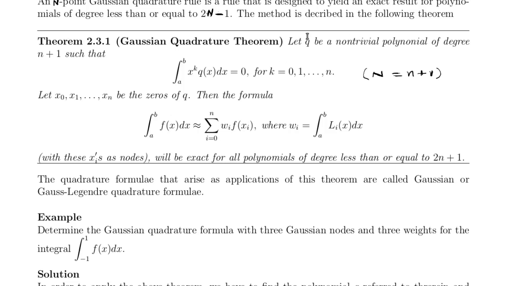Right? We can use a polynomial of degree n, and in that case we need n points instead of n plus 1, and the summation here will be from 1 to n. And if that is the case, then the degree of precision will be 2n minus 1.